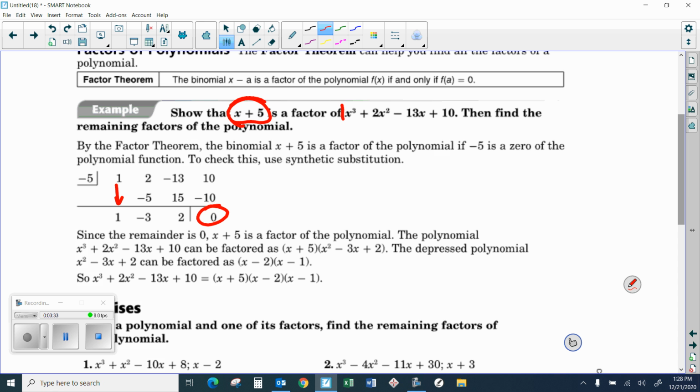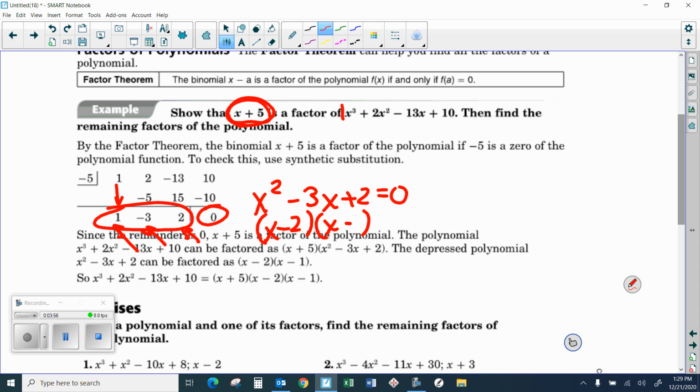So that tells me x plus 5 is a factor. And then I have this quadratic left. Remember, this is degree 0, degree 1, and degree 2. So that says x squared minus 3x plus 2 equals 0. We're trying to now solve that. That's a nice easy factoring of x minus 2 and x minus 1. So here are my other two factors plus this factor.